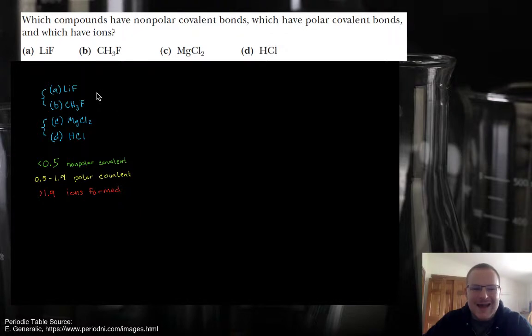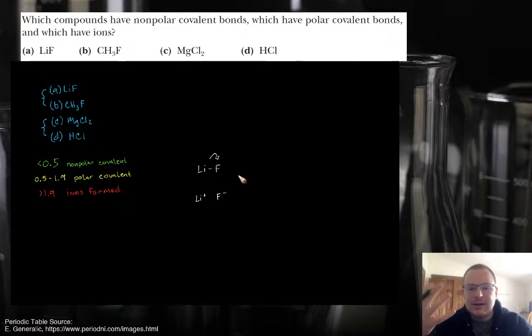And I will go ahead and tell you that lithium fluoride forms ions. What that means essentially is that when lithium bonds to fluorine, fluorine sucks all of the electrons to itself and leaves you with a positively charged lithium ion and a negatively charged fluoride ion.